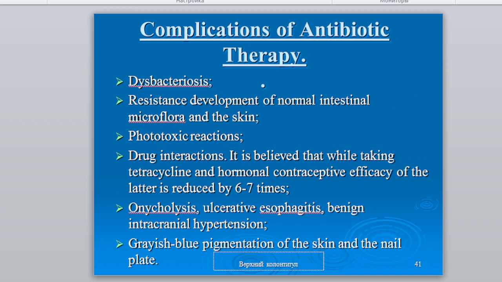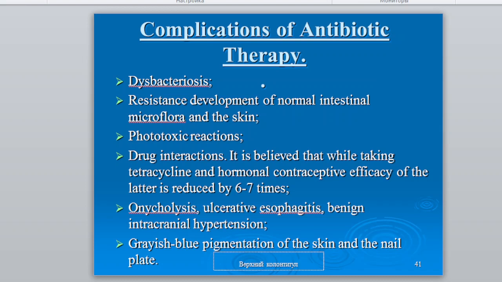Next, complications of antibiotic therapy. Dysbacteriosis, resistance development of normal intestinal microflora and the skin, phototoxic reactions. Drug interactions.